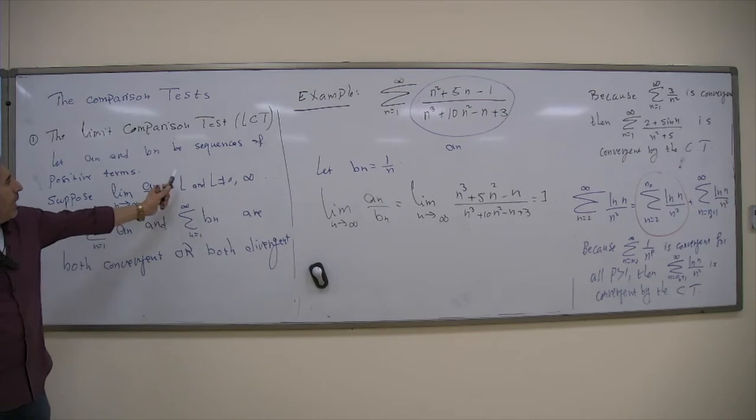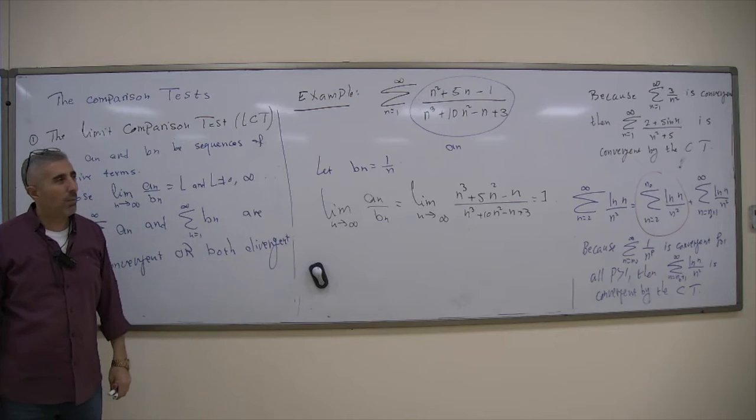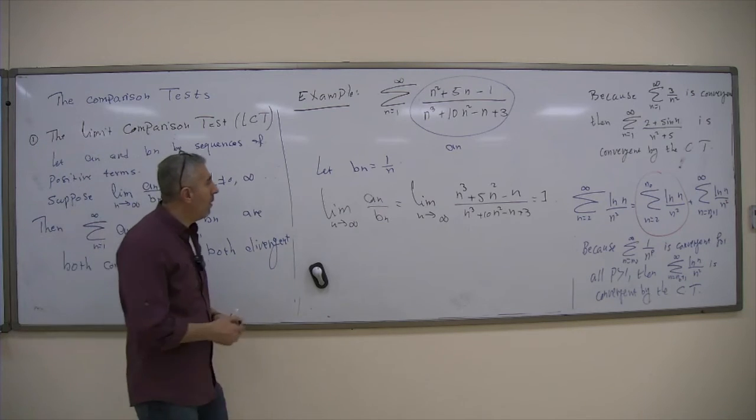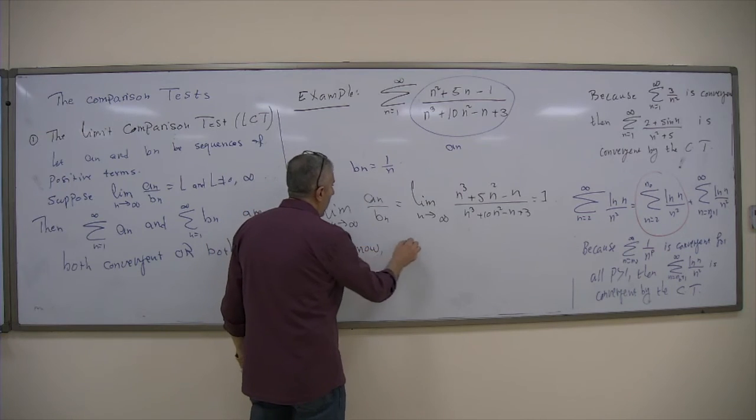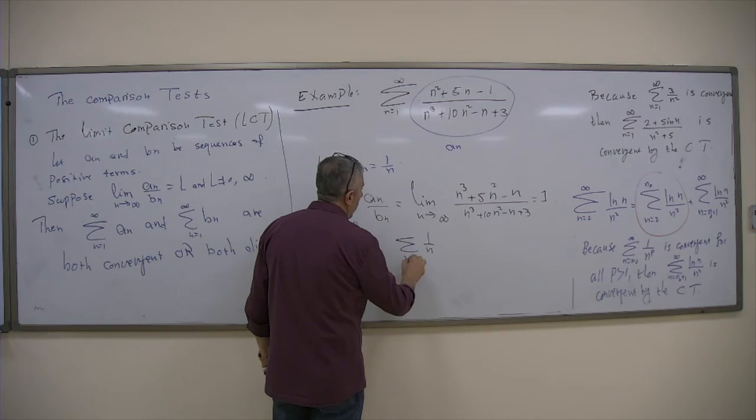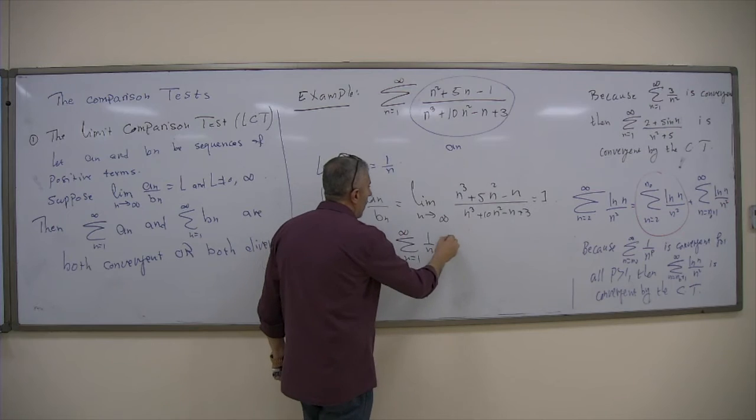So the limit is L. L is not 0, not infinity. So either both converge or both diverge. However, we know summation 1 over n from 1 to infinity is divergent.